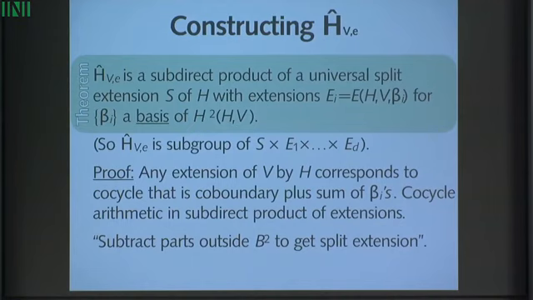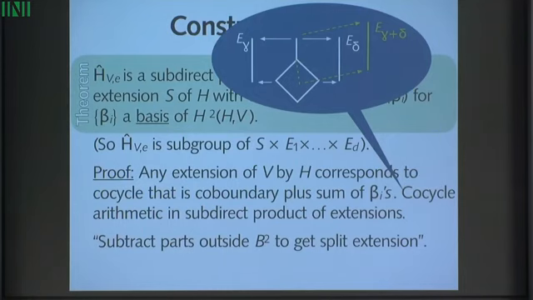So what is the proof of this? Probably a picture is easiest. If we take two extensions which correspond to cocycles and we form their subdirect product, then, and if you want, that is the theorem that the cocycles form a group, I can find a normal subgroup and form another quotient which will be an extension for the sum of the two cocycles.